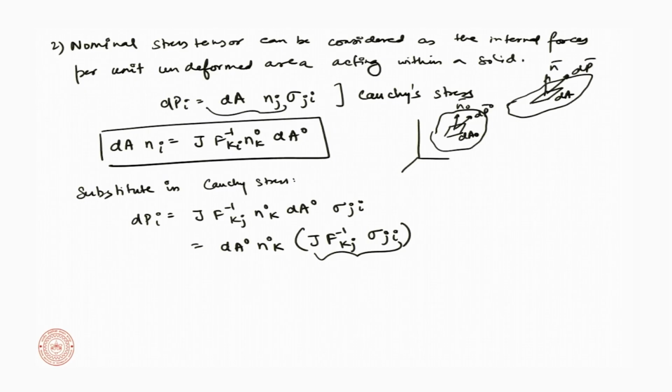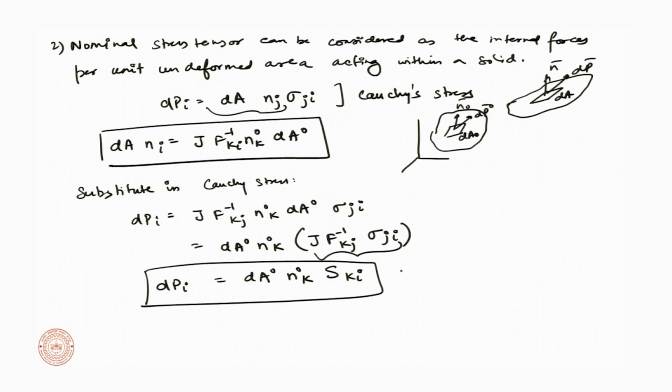So, F kj into ji is equal to dA naught n naught k into S of ki, which is dp of i. And we have come all the way up to our nominal stress definition.